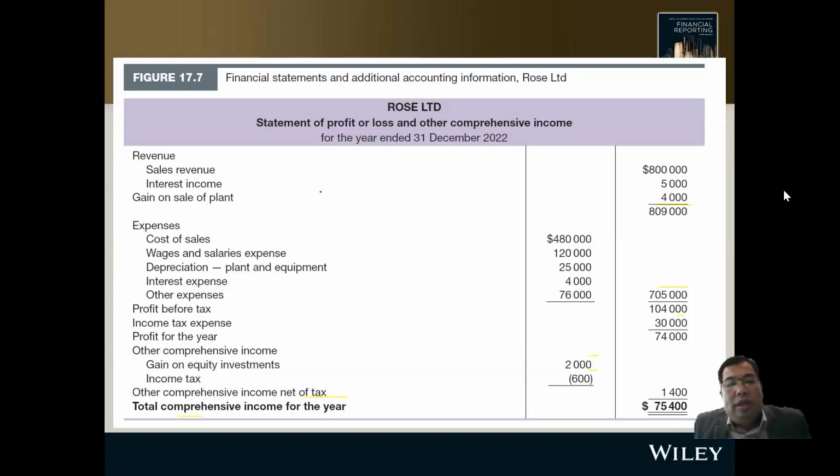Or you can use the T accounts here. This is your interest accrued. Let me go to your balance sheet and see the amounts.